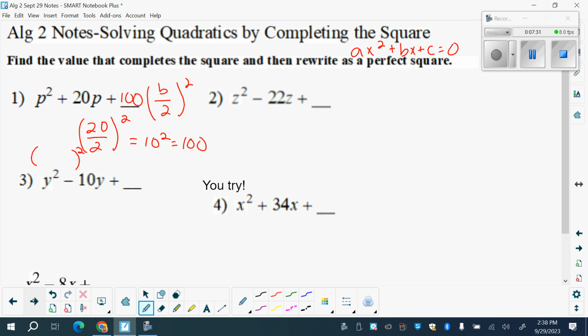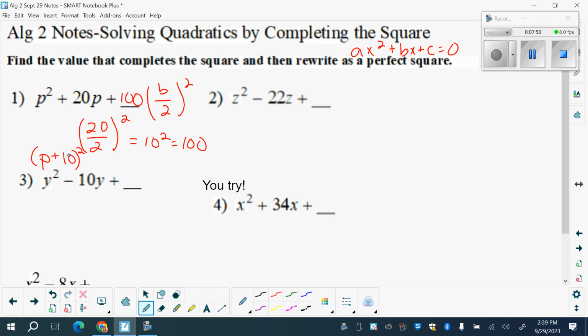So now, how would I write this here as a perfect square? P. This is a plus, so it's going to be a plus 10 squared.